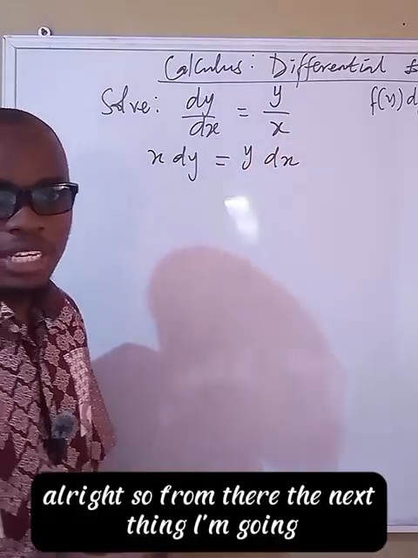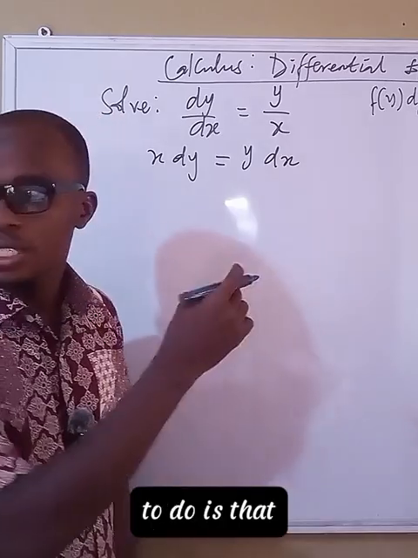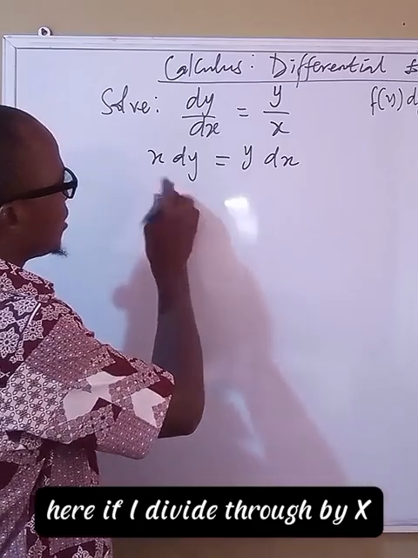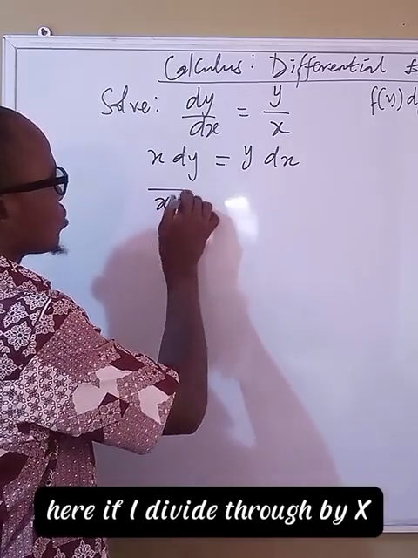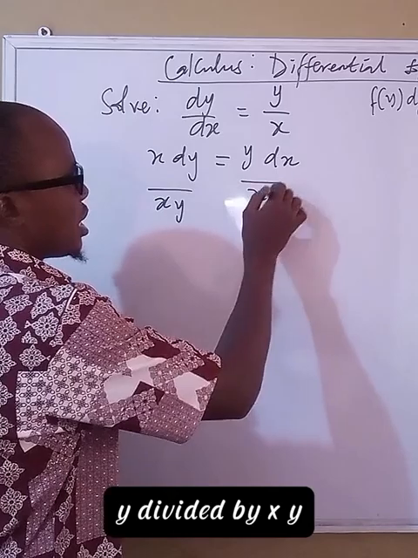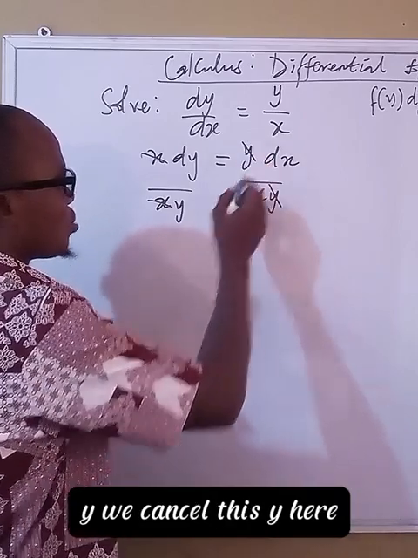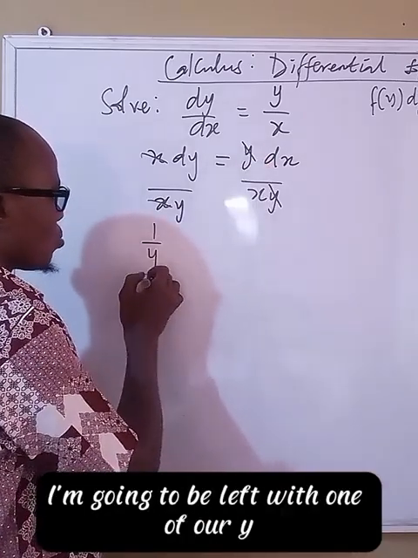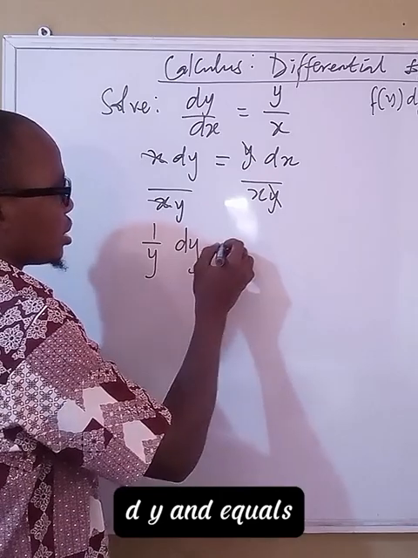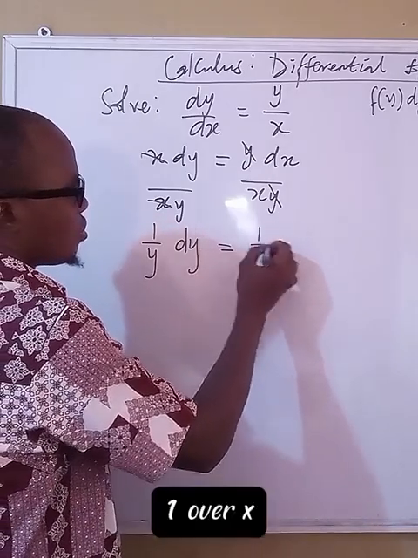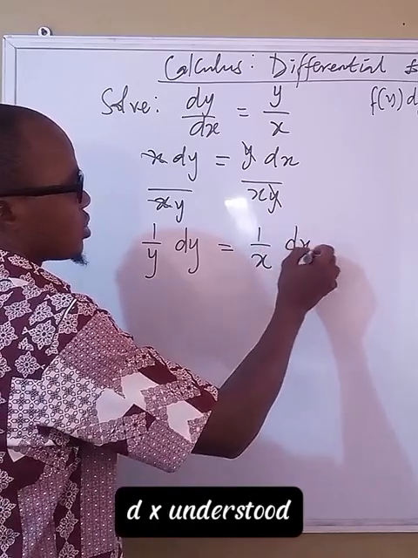All right, so from there, the next thing we're going to do is that if I divide through by xy, you see that this x will cancel this x, y will cancel this y. I'm going to be left with 1 over y dy equals 1 over x dx.